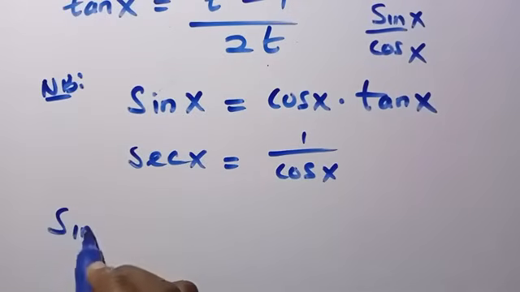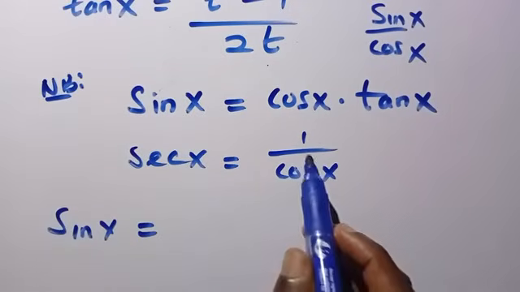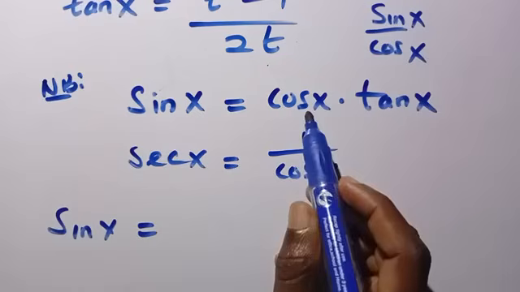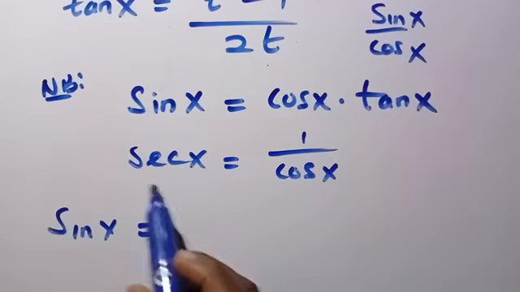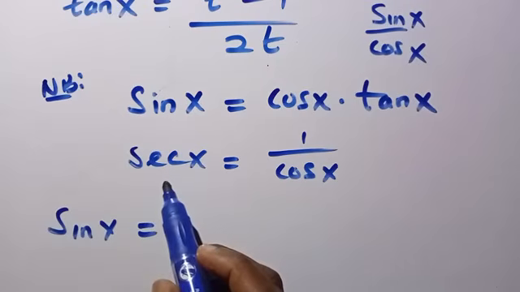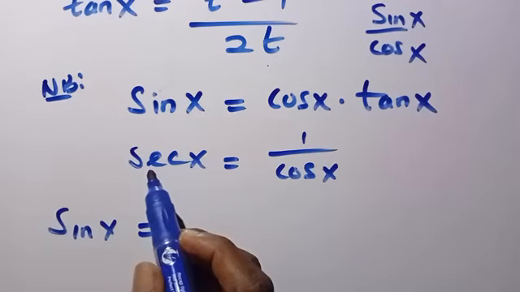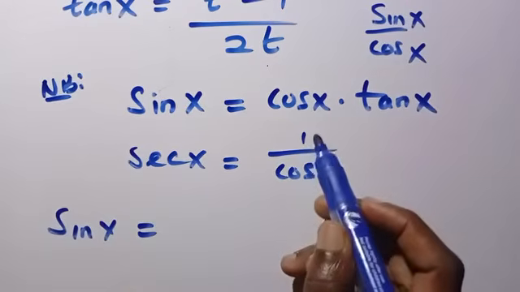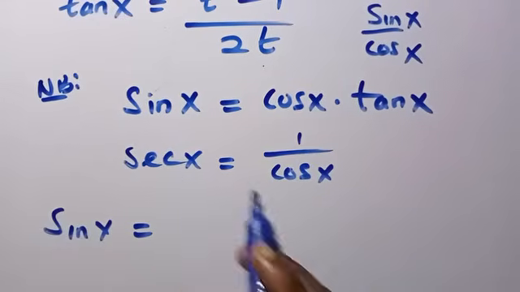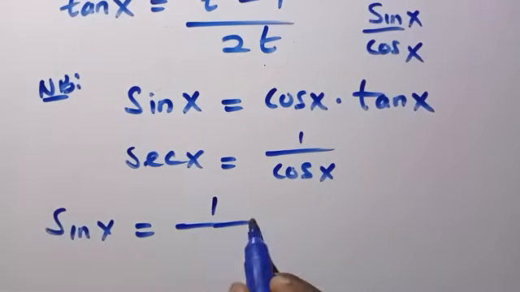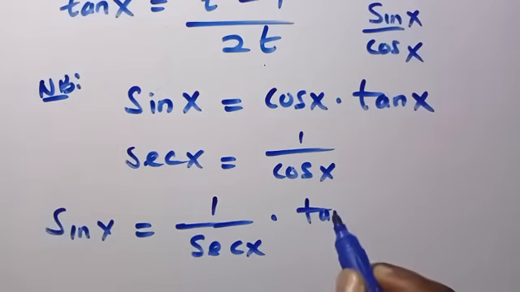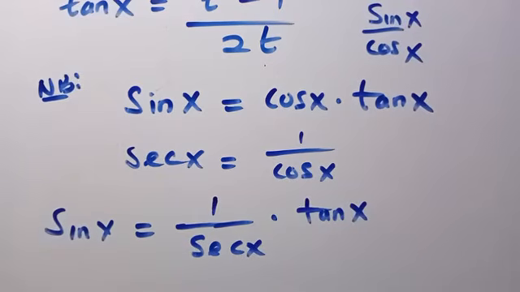So making cos x the subject of the formula, we have cos x equals 1 over sec x. So sine x equals 1 divided by sec x multiplied by tan x.